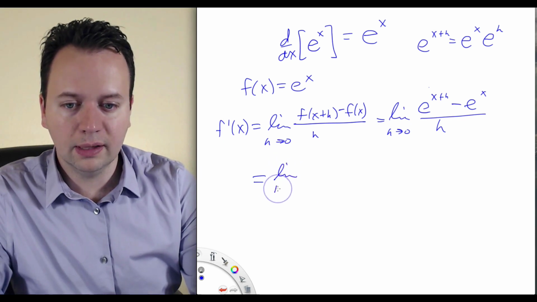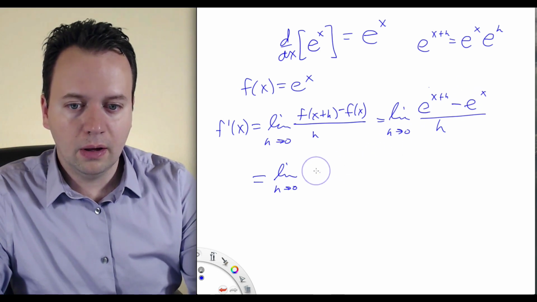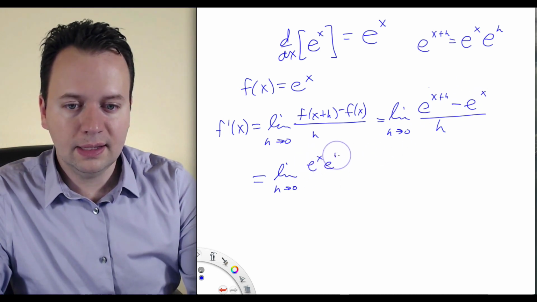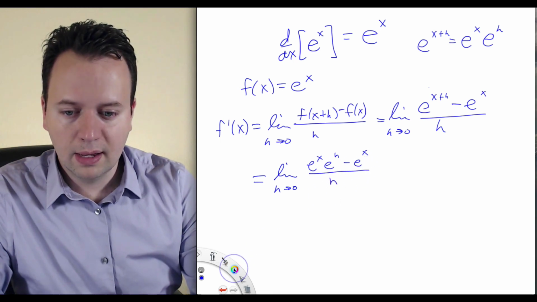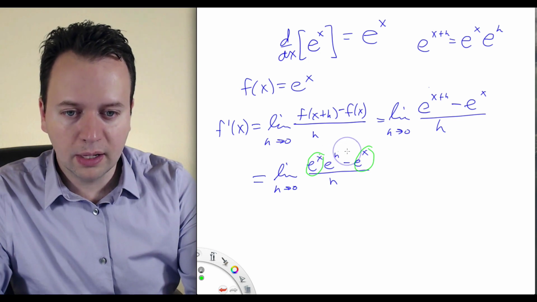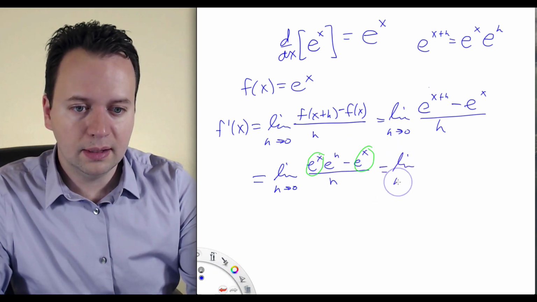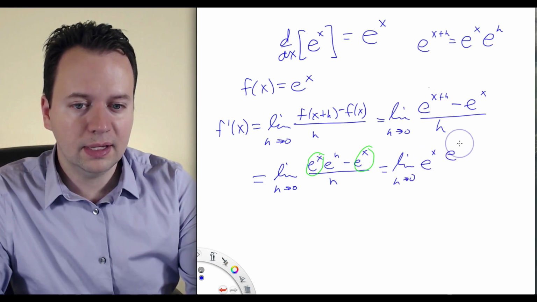So this is equal to the limit as h goes to 0 of e to the x times e to the h minus e to the x all over h. Now I have a common factor of e to the x, which I can basically group together and pull out. So it's equal to the limit as h goes to 0 of e to the x times e to the h minus 1 over h.